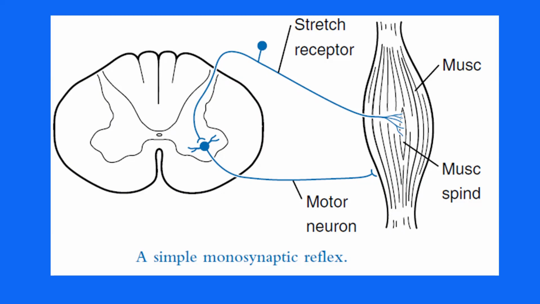So if you strike the tendon or the muscle, a signal is sent proximally, then through the cord and out through a motor neuron to give you a response, to demonstrate a monosynaptic reflex.